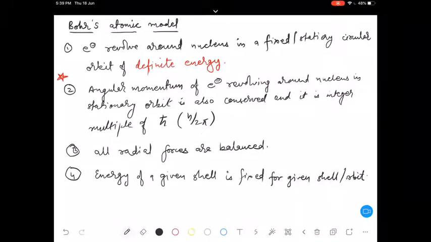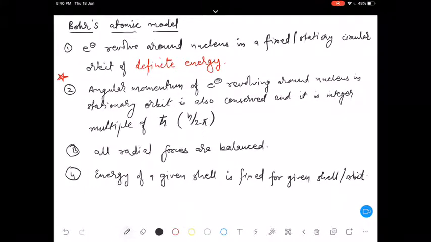Means position of proton and neutron has been already defined, their position is fixed. But the thing which we don't know is that very small species, electron, very light species, almost 1800 times lighter than proton or neutron, moving with very high velocities. We don't know its position.